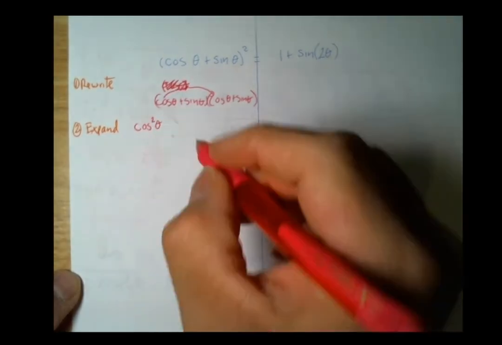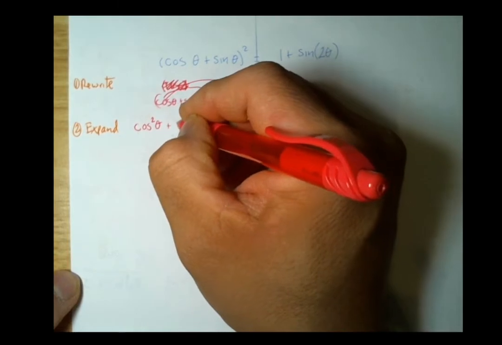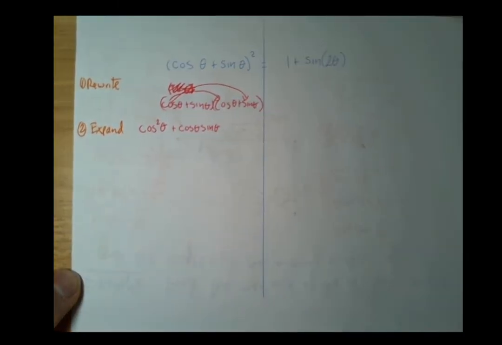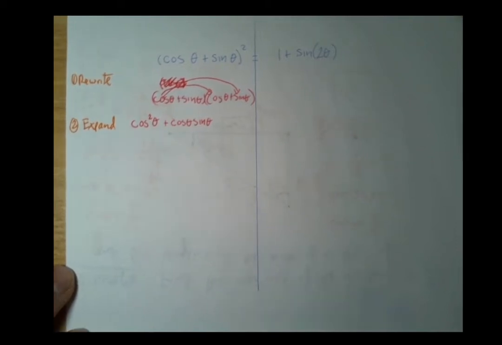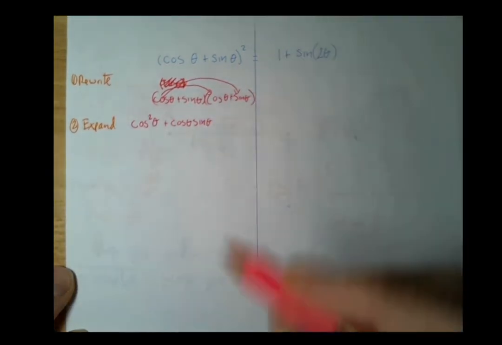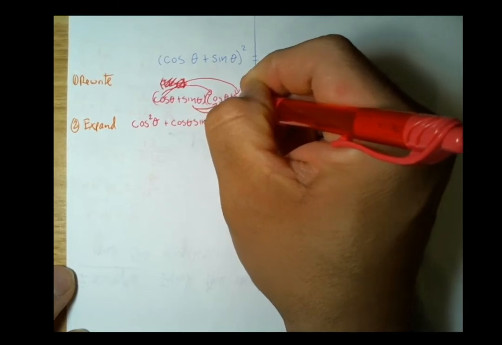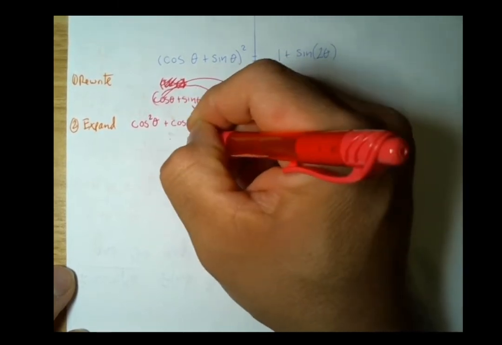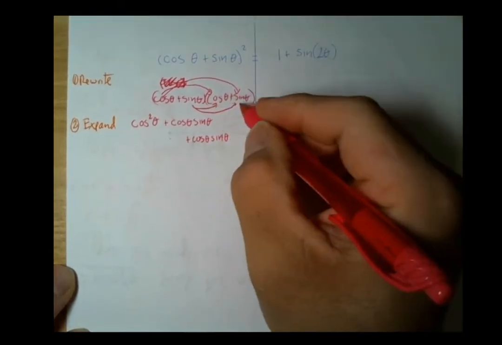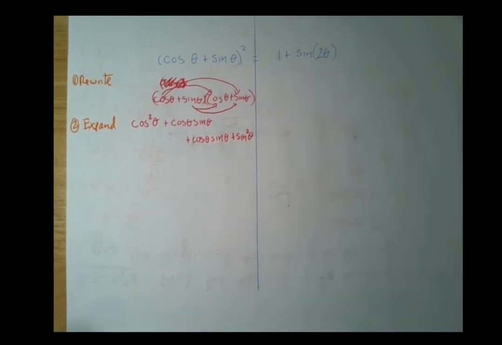Cosine theta times sine theta, and those are two different factors, so we just write it like this. I didn't plan how much room I needed here, so I'm going to continue on this next line and continue distributing. Sine theta times cosine theta, again two different factors, so we just rewrite like this. And finally, the last factor, sine theta times sine theta, sine squared theta.